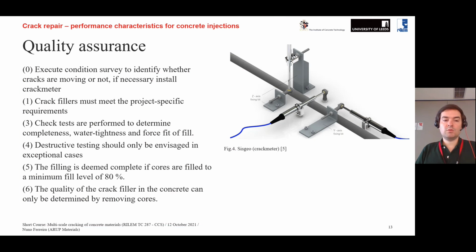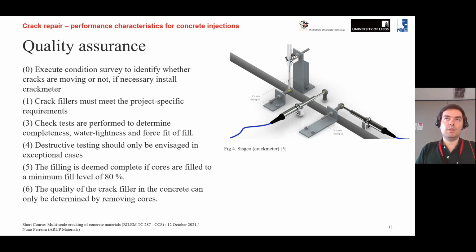Now, in terms of quality assurance, perhaps design assurance is an interesting point, because when we plan such an intervention, we should really understand whether the cracks are moving or not. This is fundamental. If we answer this question, we can already identify the materials that will be most appropriate.